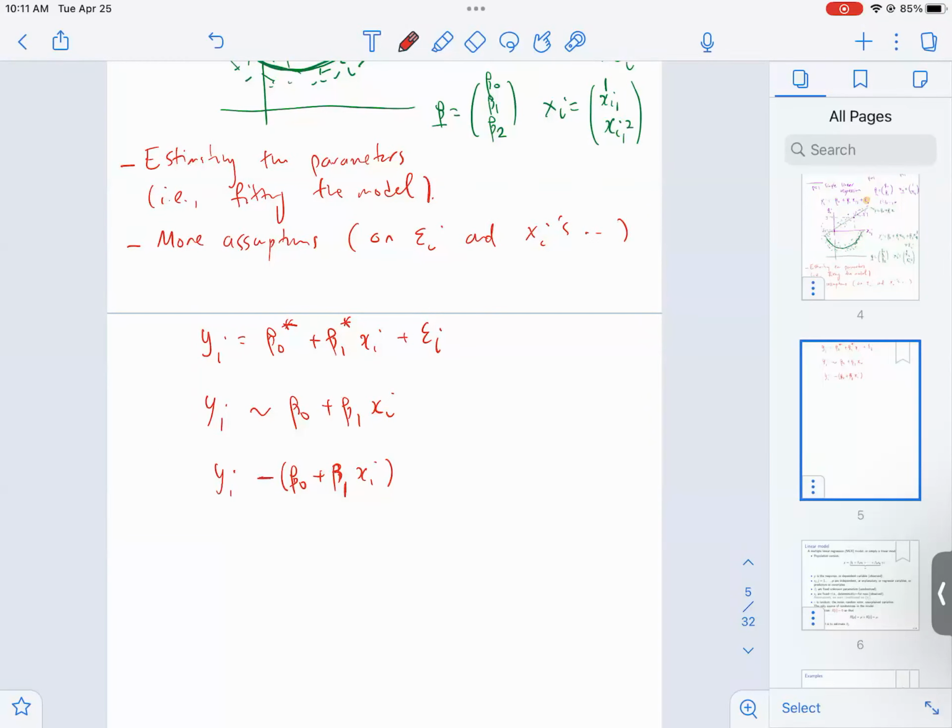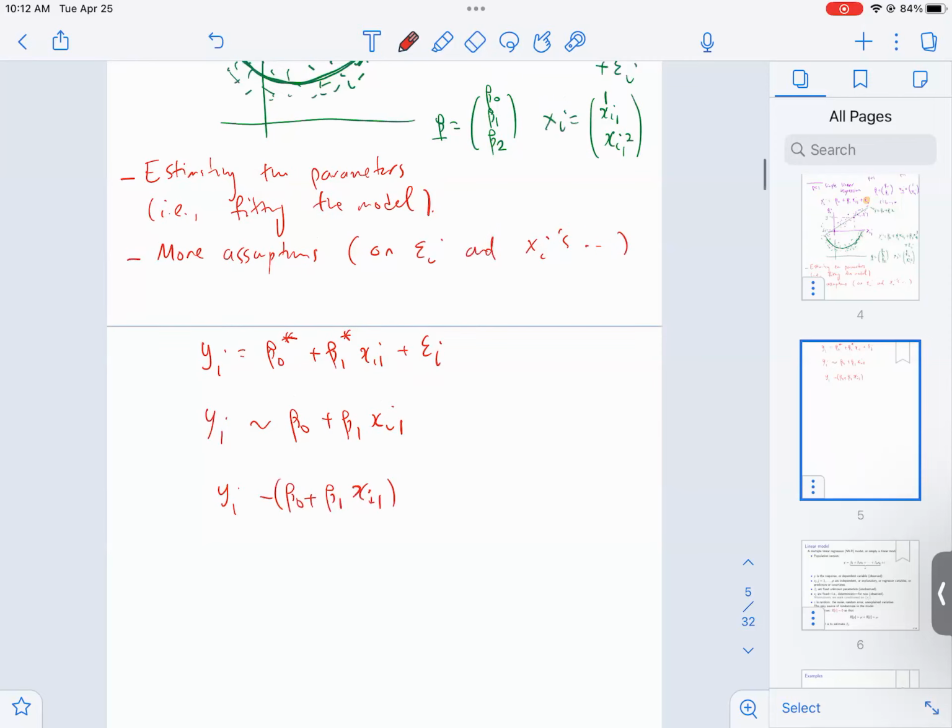And then you minimize what? I can't minimize this directly because I have a bunch of terms. So I'm going to look at this error: if I choose beta 0 and beta 1 such that this is small for all i's, then I'm pretty good.